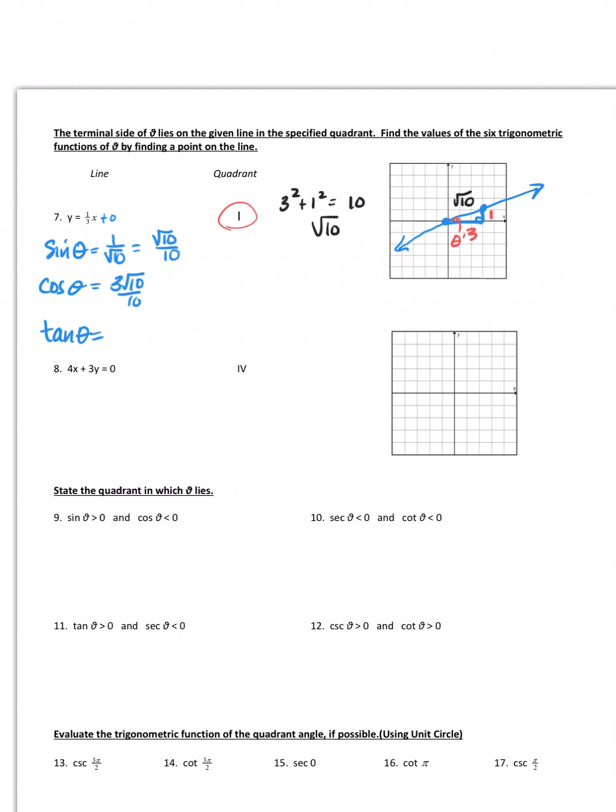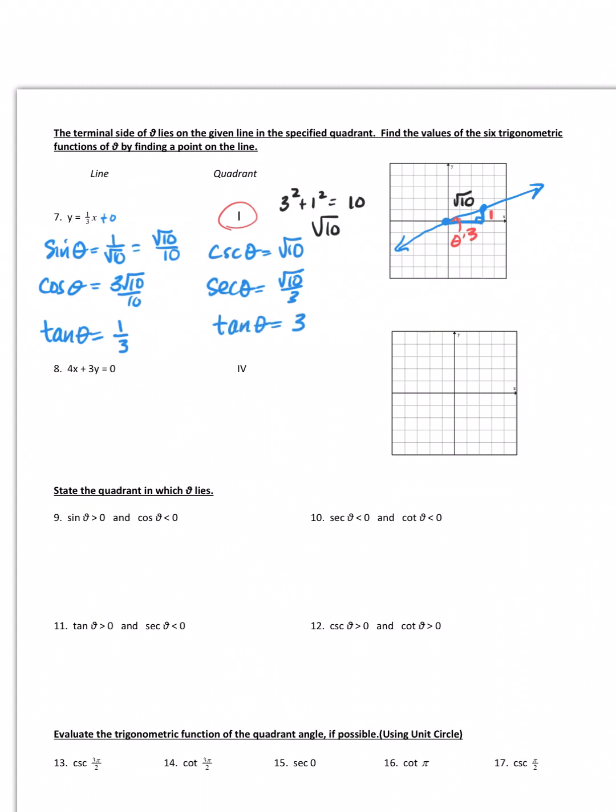The tangent is opposite over adjacent, so 1 over 3. Cosecant of theta is the square root of 10. Secant of theta is hypotenuse over adjacent, so it's square root of 10 over 3. And the cotangent of theta in this example is just 3.